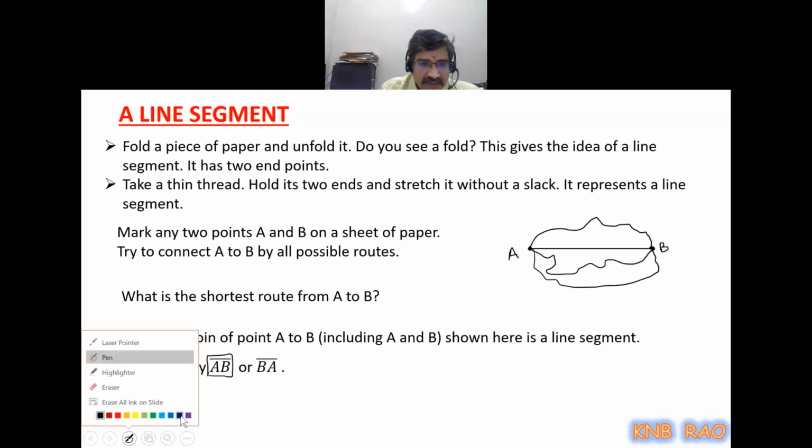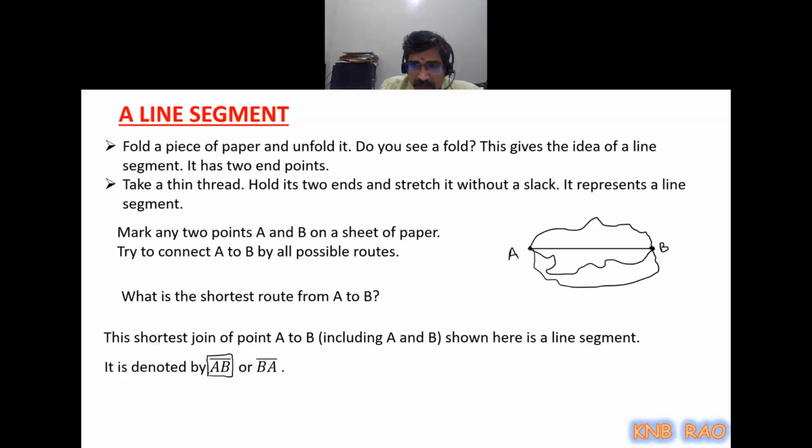You can observe that we have endpoint A and endpoint B. If I have two endpoints, let's say A and B, and you join them with straightness, it is named with the help of those endpoints only. So line segment AB; on top of it, we draw the line segment symbol.